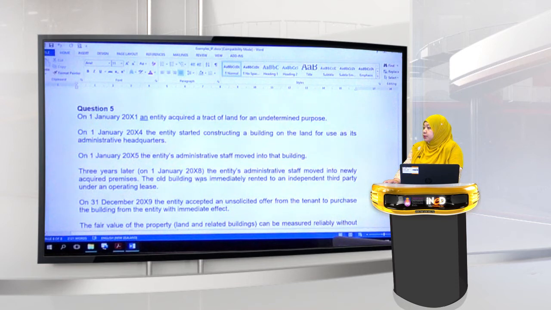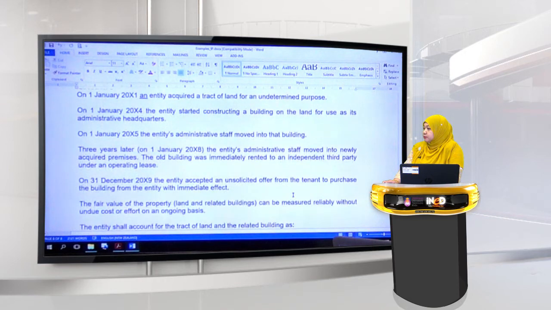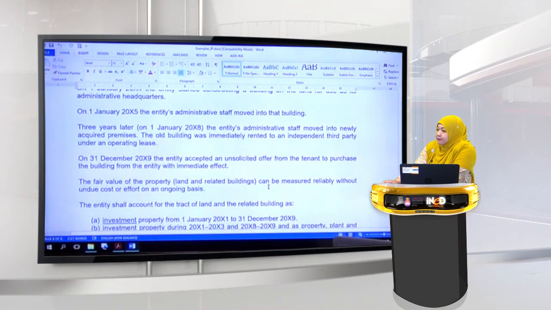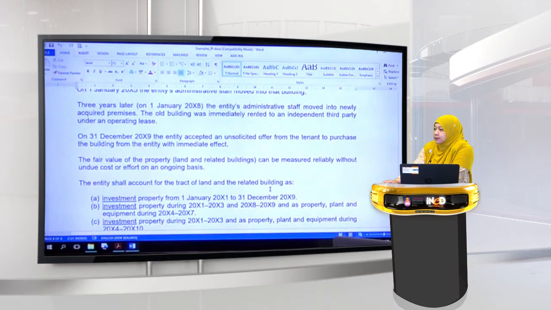The old building was immediately rented to an independent third party under an operating lease. On 31st December 20X9, the entity accepted an unsolicited offer from the tenant to purchase the building from the entity with immediate effect. The fair value of the property, that is the land and the related building, can be measured reliably without undue cost or effort on an ongoing basis.